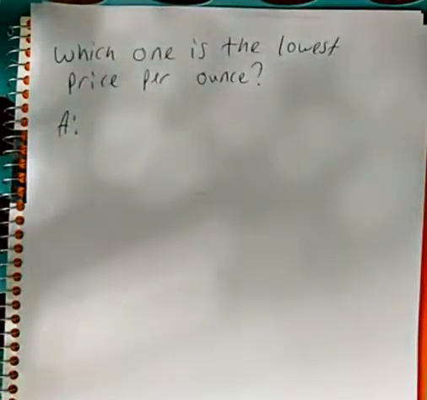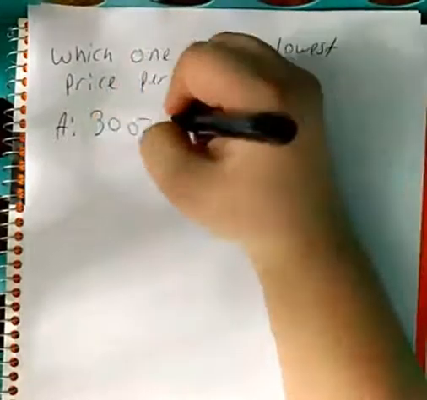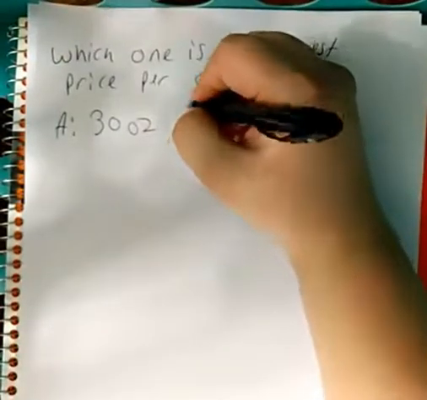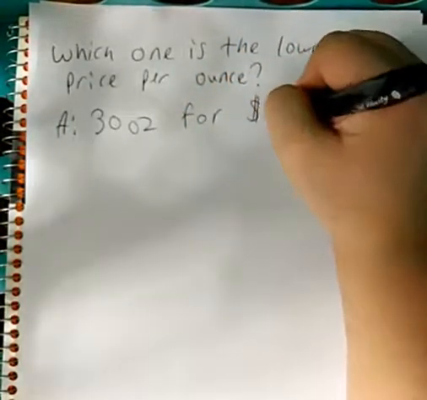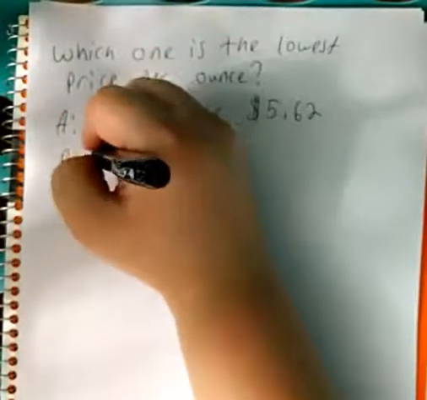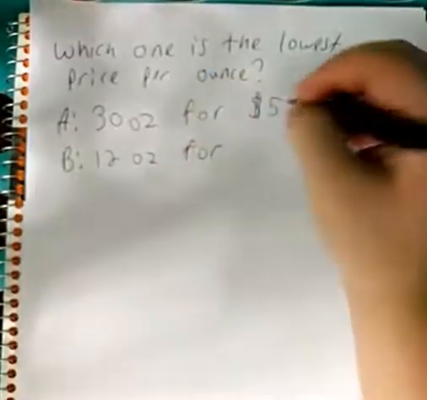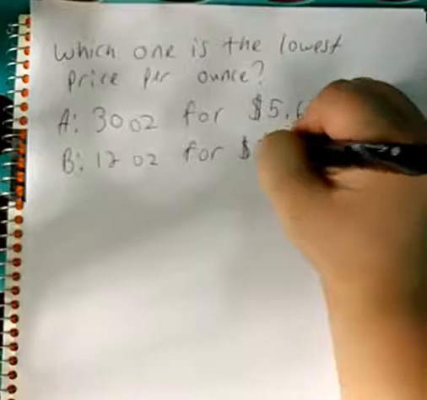So option A gives me 30 ounces. This is just an abbreviation for ounces. So 30 ounces for $5.62. And option B is 12 ounces for $3.05.